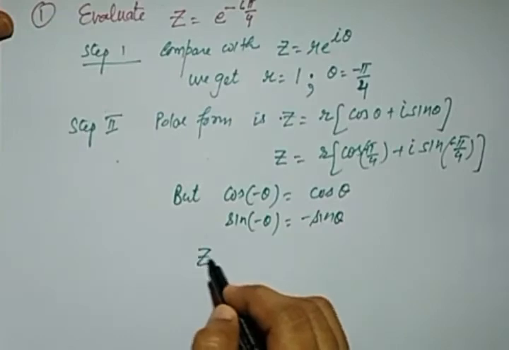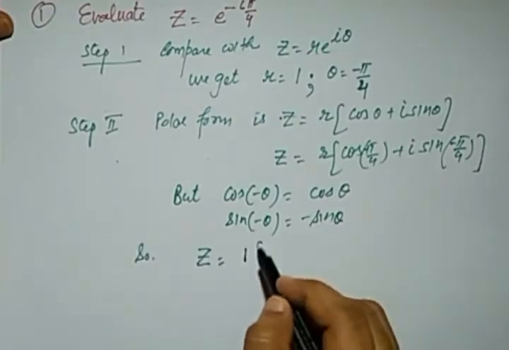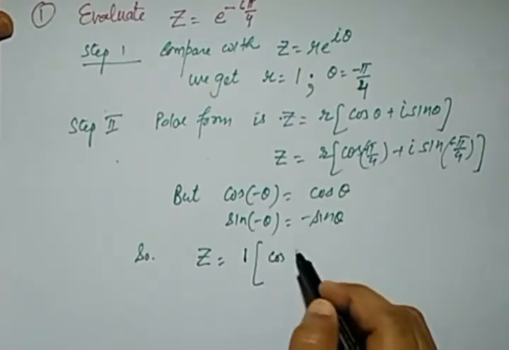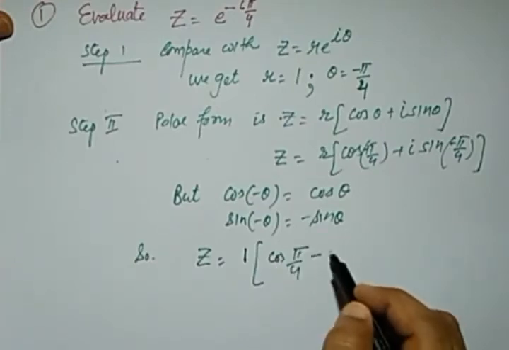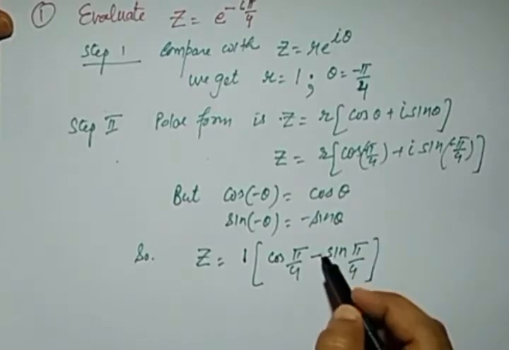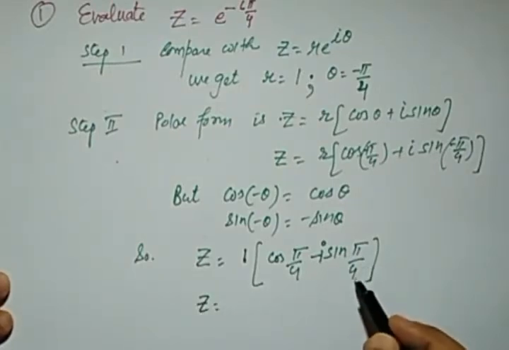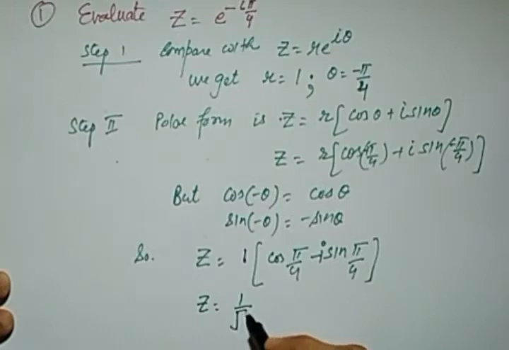So z equals, r is 1, substitute values now, cos of pi by 4 minus I sin of pi by 4. So cos pi by 4 is 1 by root 2, sin pi by 4 is 1 by root 2. So we can write this number as z equals 1 by root 2 times (1 minus iota).